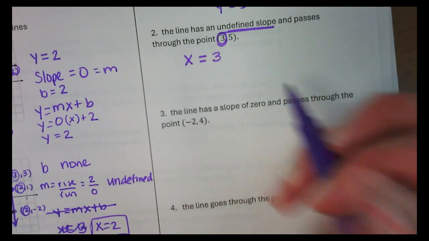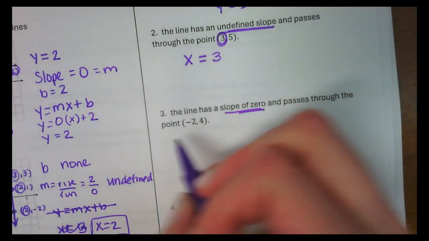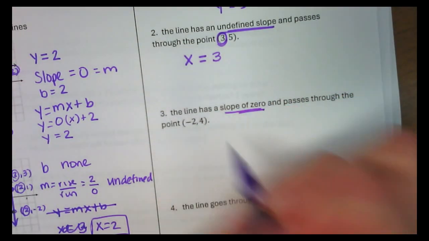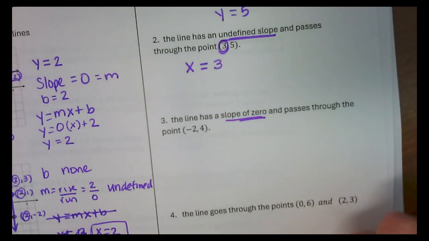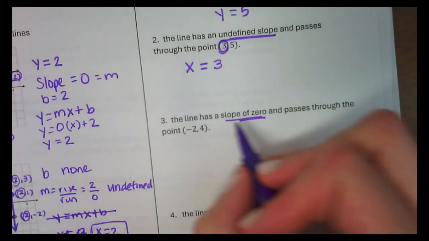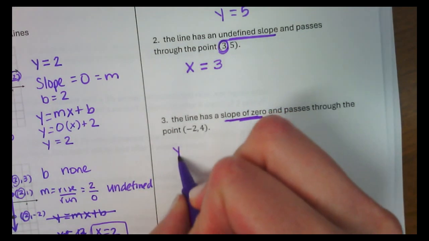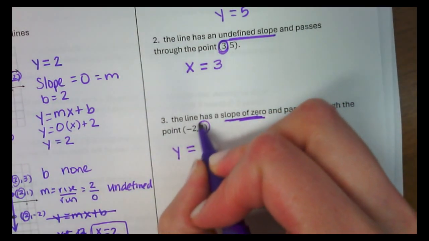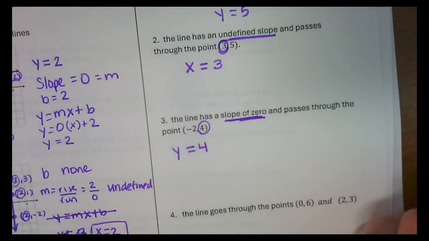The line has a slope of 0 and passes through the point -2, 4. We can do this question 2 ways. If you remember that the slope of 0 means it's going to be a y equals, then you just pick the y value.